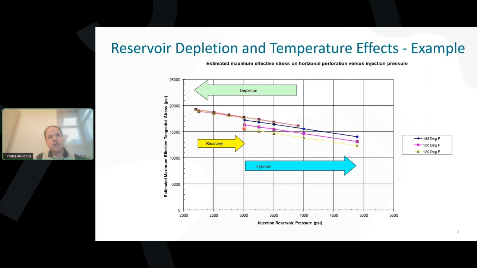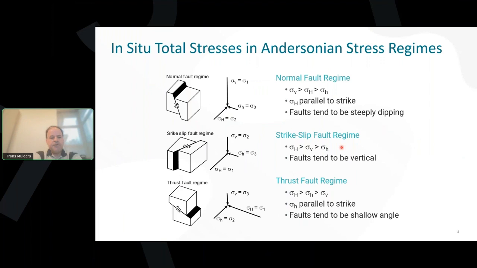The cooler water reduces the stress on the perforation, and the cooler it is, the larger is the stress change. And if you continue injecting, you increase your reservoir pressure, and so the effective stresses go down. Maybe you didn't get all of that, but basically the message is, if you change the pore pressure, stresses will change. And if you change temperature, stresses will also change. And obviously that affects something in the subsurface.